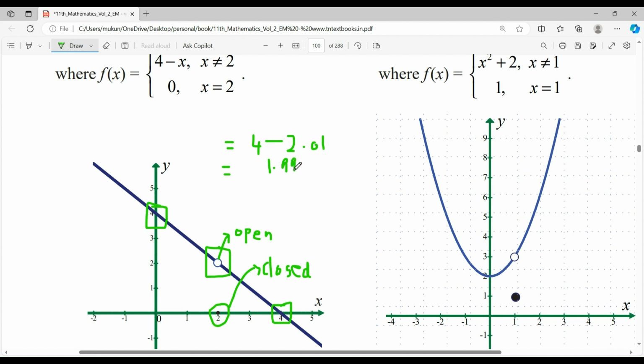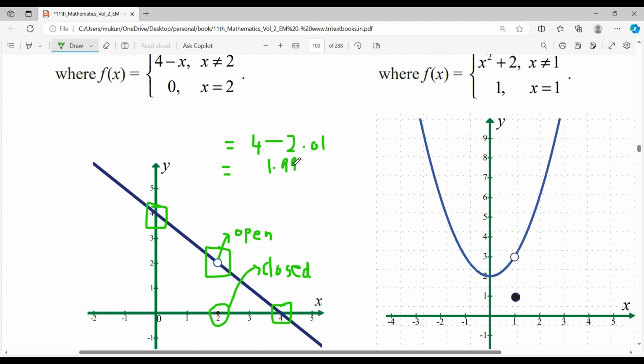So what we see here is when we take a value which is not 2 but very close to 2, be it the left hand side or the right hand side, it tends to take the value 2, right? But at x equals 2, it is not taking the value 4 minus 2, which is 2, which actually means that your right hand limit and the left hand limit are equal, which is basically the condition required for a limit to exist.